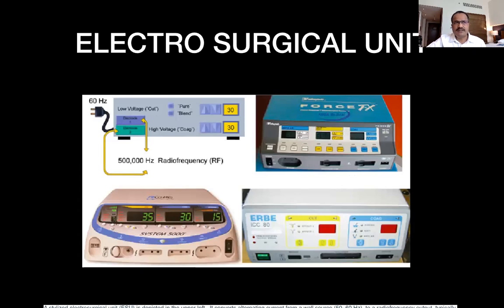So what I told you in my previous lecture: when we give electrical current, the patient can be electrocuted and he can die. But the same electricity when passed through these electrosurgical units, we get good effects. So what does this electrosurgical unit do? It removes this Faradic effect. How it removes, I have already told. It converts the wall unit 60 Hertz to a very high frequency current, that is 300 kilohertz, so high.